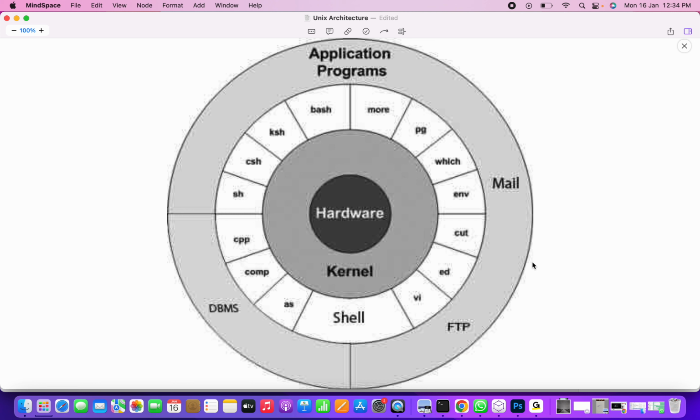Lots of database applications are installed on Unix, maybe on Solaris or Linux in the market, like Oracle, Sybase, Mongo, Postgres. All the database software is installed on these OSes.